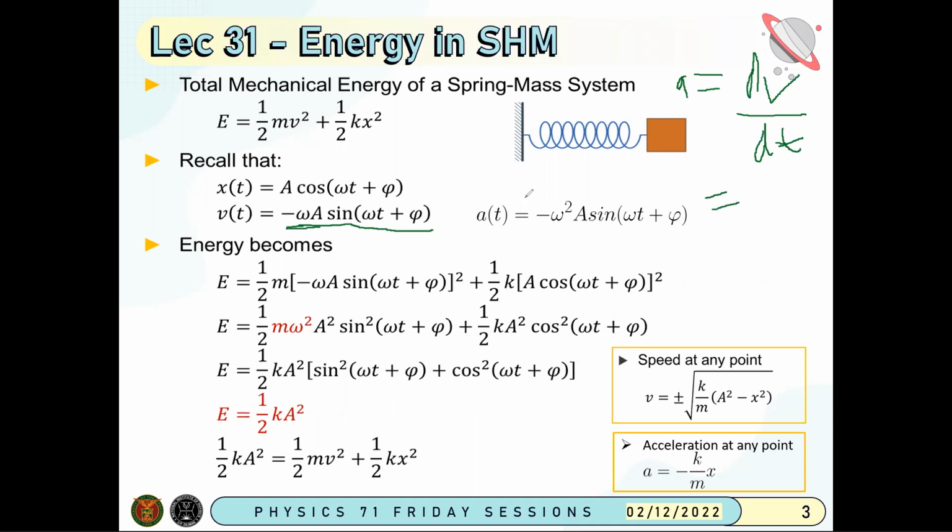So meron tayong dv/dt, na negative omega A, and then derivative ng sine, which is just cosine, cosine of omega t plus phi. And then derivative ulit nung nasa loob ng cosine, so chain rule, may lalabas kang omega. So omega squared. Kaya nakuha ito. So this should be cosine.